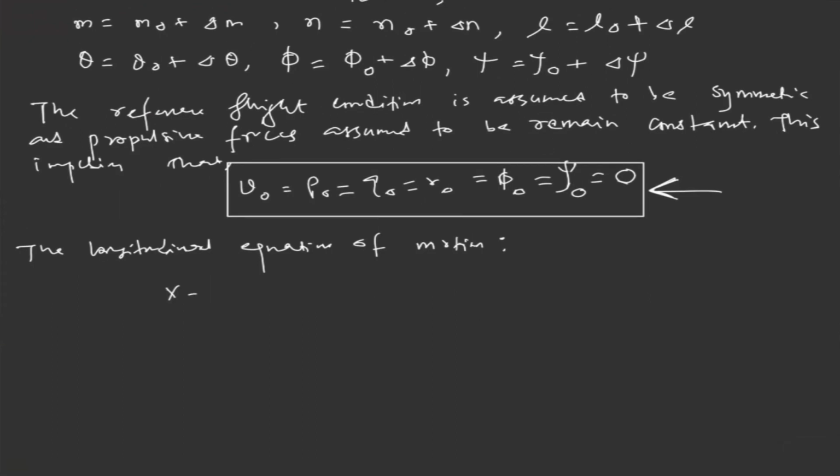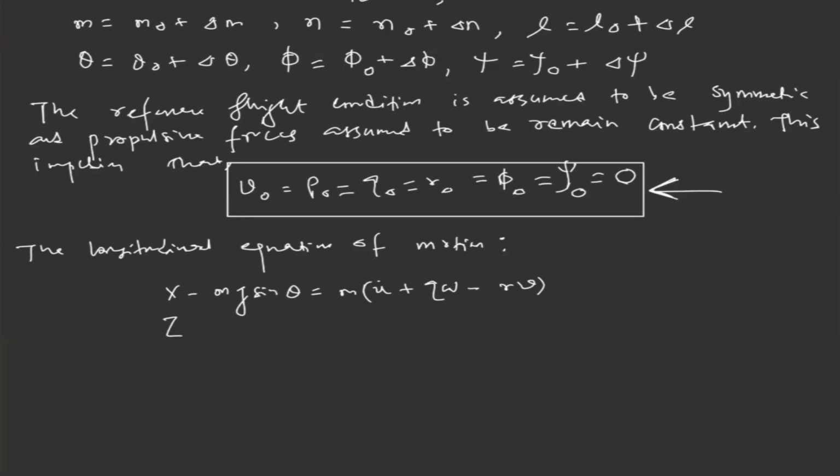X minus mg sin theta equal to m into u dot plus qw minus rv. In longitudinal motion, we need to consider the force along the x-axis and z-axis and the moment along the y-axis.